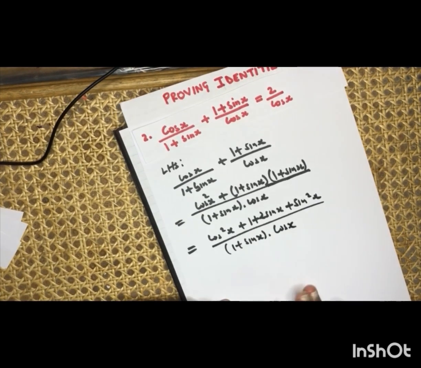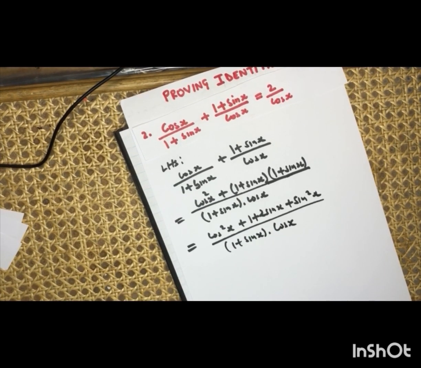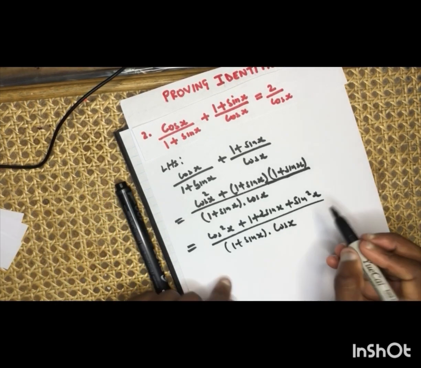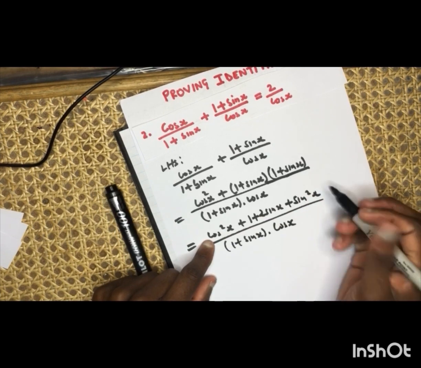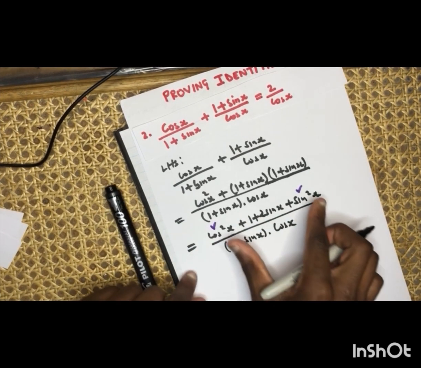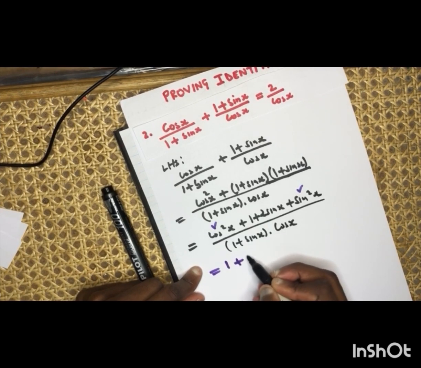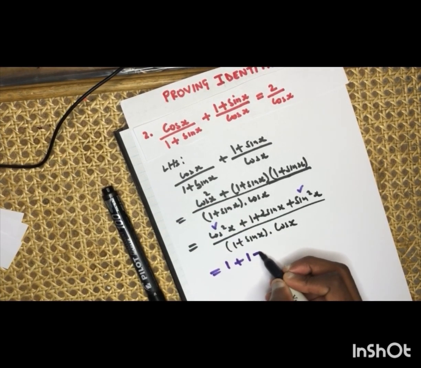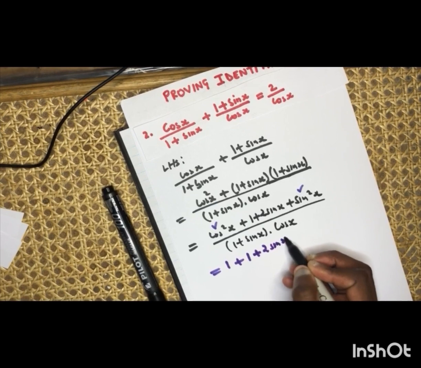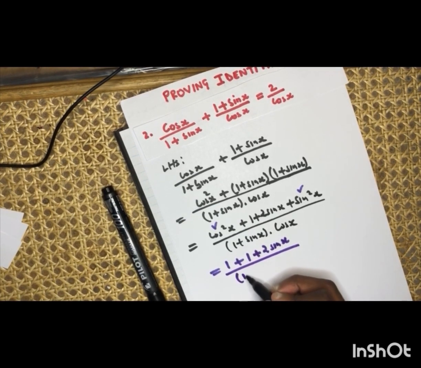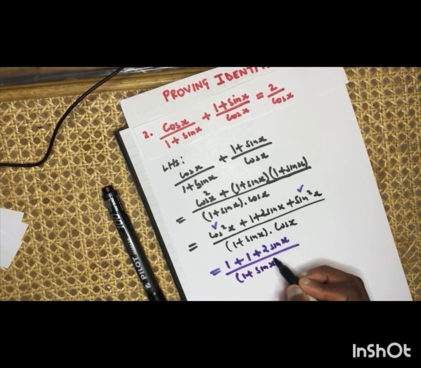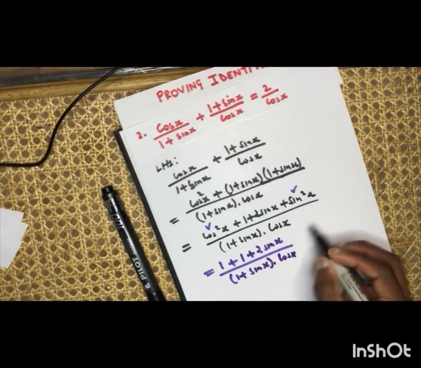cos x. Understand? So guys, we said in the previous example that cos squared plus sin squared gives us 1. So this is the square identity. So I'm going to have 1 plus 1, another 1, plus 2 sin x over 1 plus sin x times cos x.